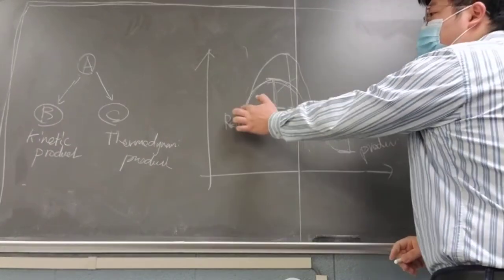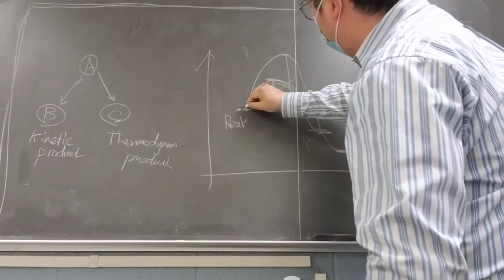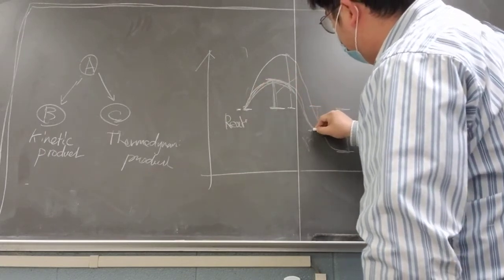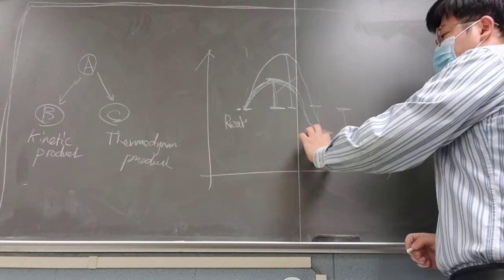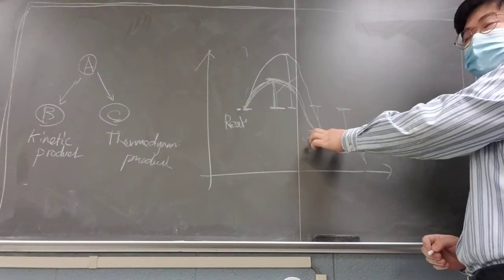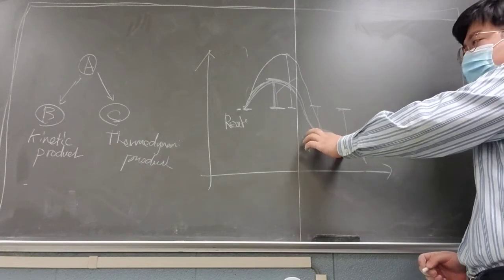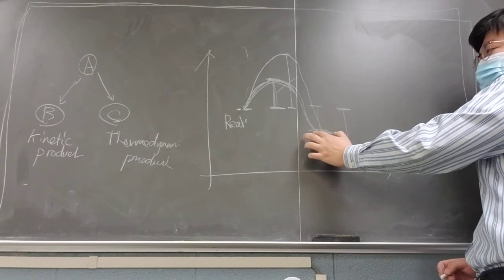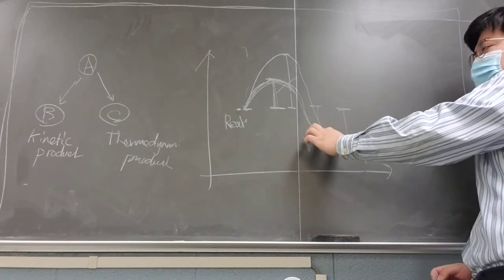So you can consider this one as having a small activation energy required, but it is less stable. If you look at those two products over here, this is a slightly higher position than this one. So even though there are two possible products in this reaction, this product is slightly more unstable than this one, because this is higher in energy.